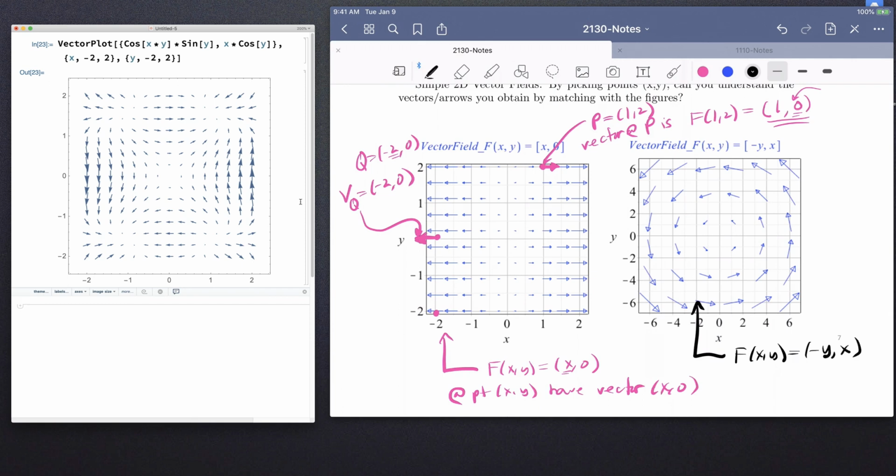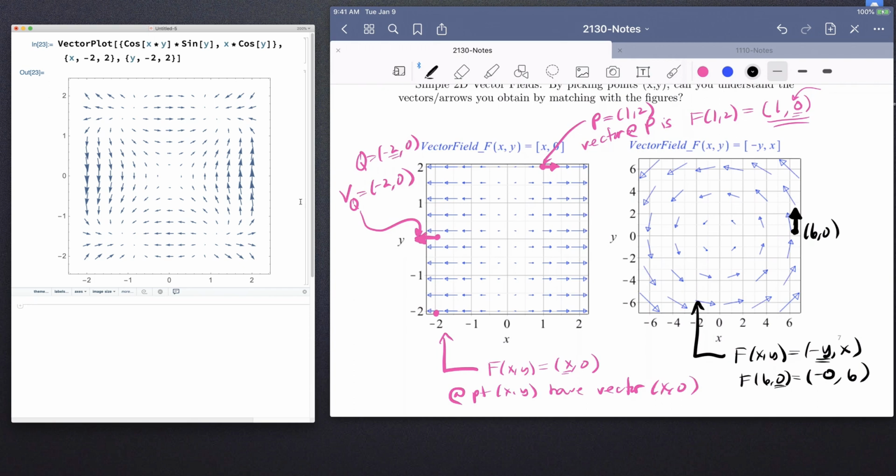So if you look at the point, let's say (6, 0), then the vector field at (6, 0): y is equal to 0, so we put a 0 in the first position, x is equal to 6, and so we have (0, 6), a vector that points in the y direction.